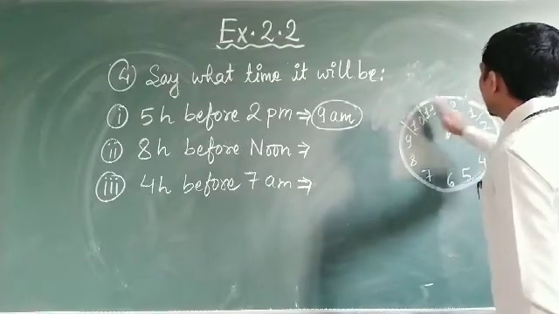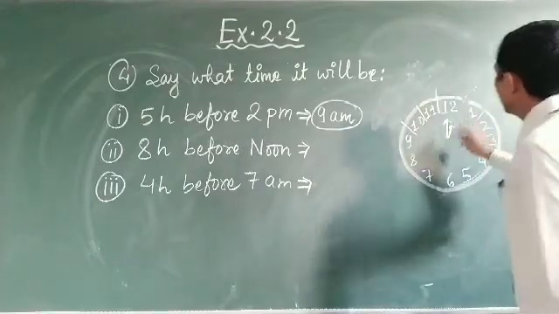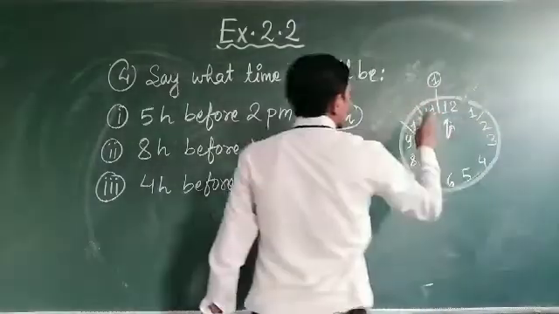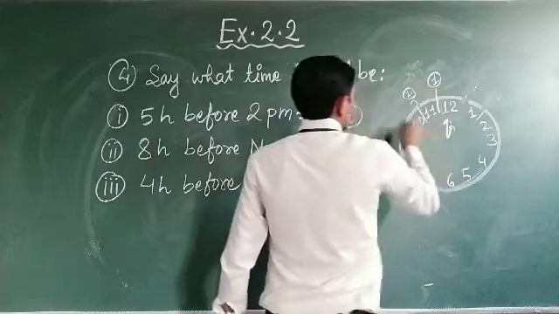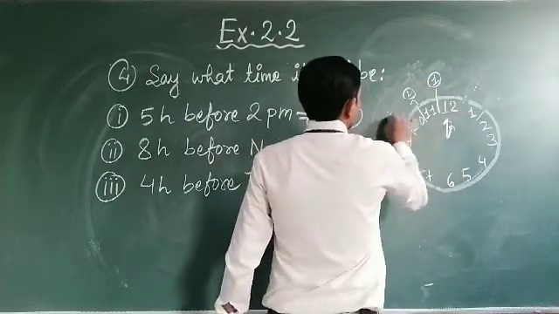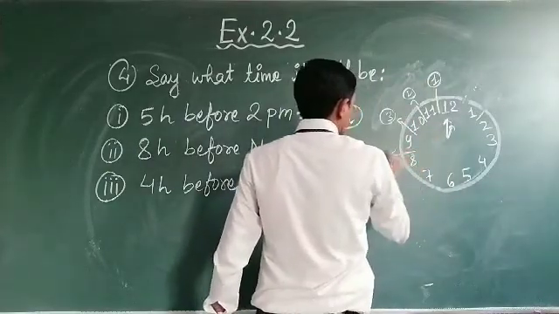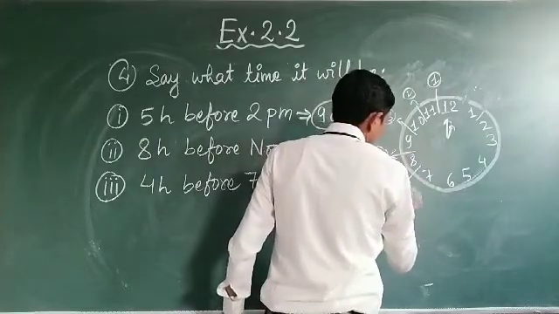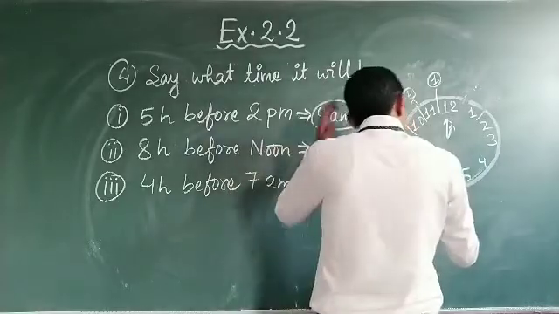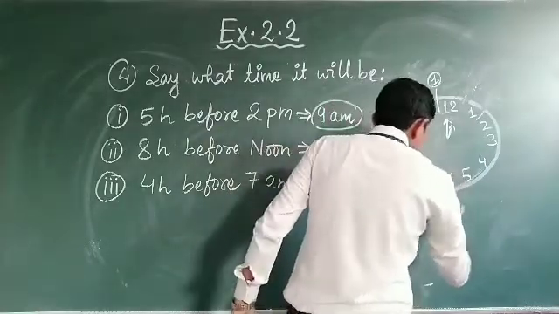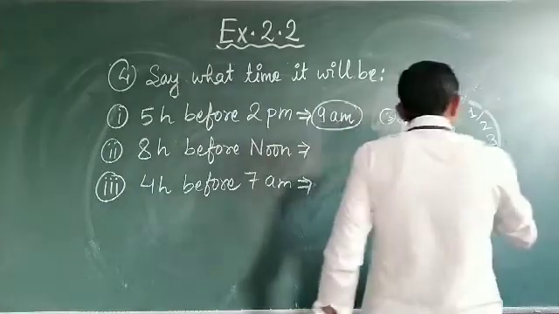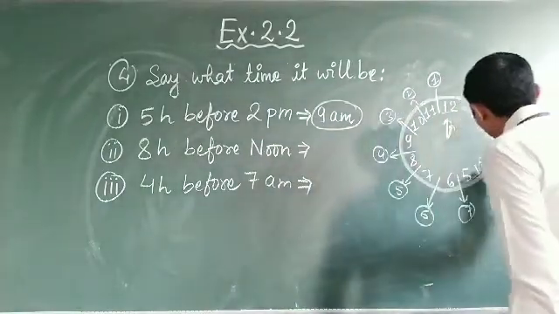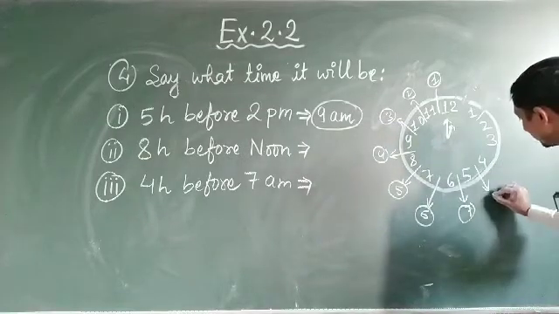Yes, before the time. So from 12 o'clock to 11 o'clock 1 hour, 11 o'clock to 10 o'clock 2 hours, and 10 o'clock to 9 o'clock 3 hours, and 9 o'clock to 8 o'clock 4 hours, 8 o'clock to 7 o'clock that is 5 hours, and again 7 o'clock to 6 o'clock that is 6 hours, and 6 o'clock to 5 o'clock that is 7 hours, and 5 o'clock to 4 o'clock that is 8 hours.